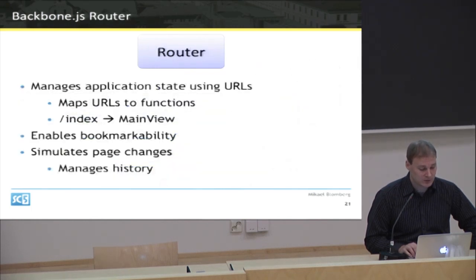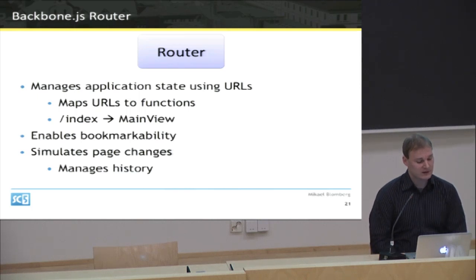So let's take a look at the router. This is exactly the same thing as happens in the backend. You get a URL, and then you find out the view to handle that URL, and the router is managing the application's state. The reason why it's based on the URL is because then you can bookmark it.